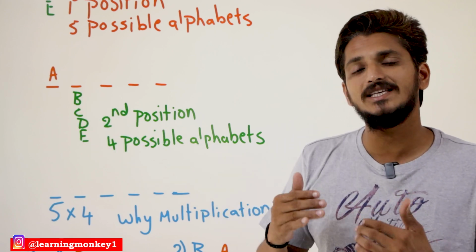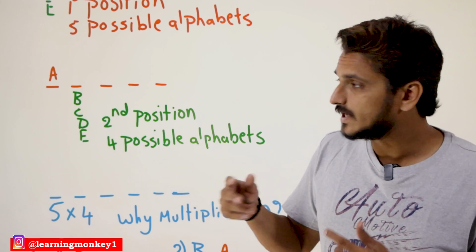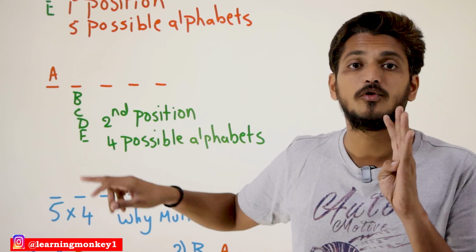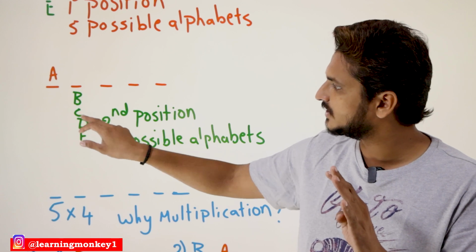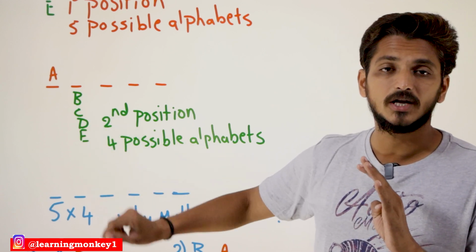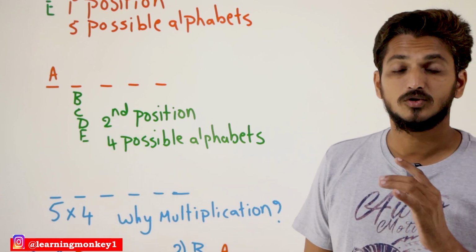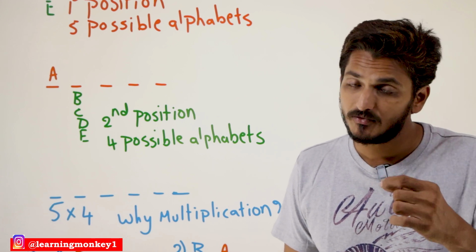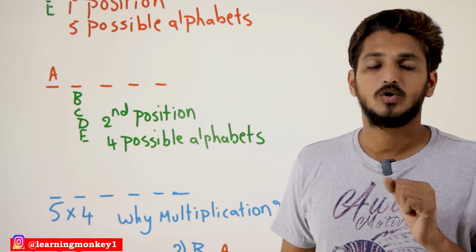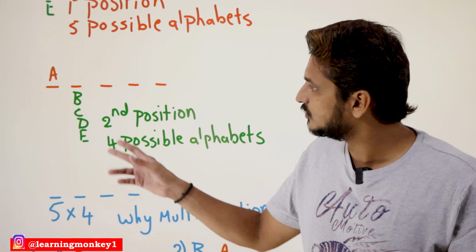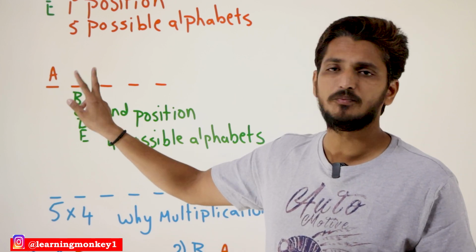B, C, D, E. So you can choose the second position in 4 different ways: B, C, D, or E. So the second position can be filled with 4 different possibilities.